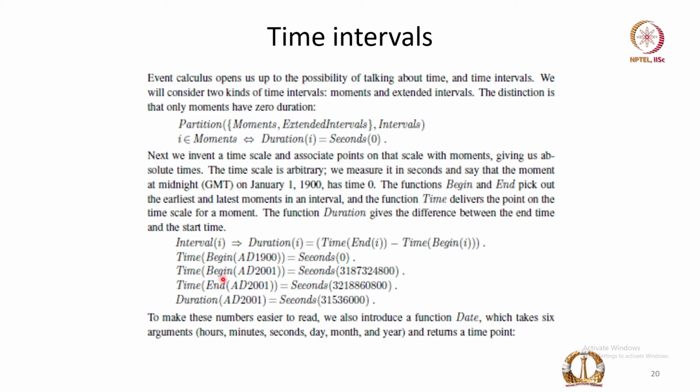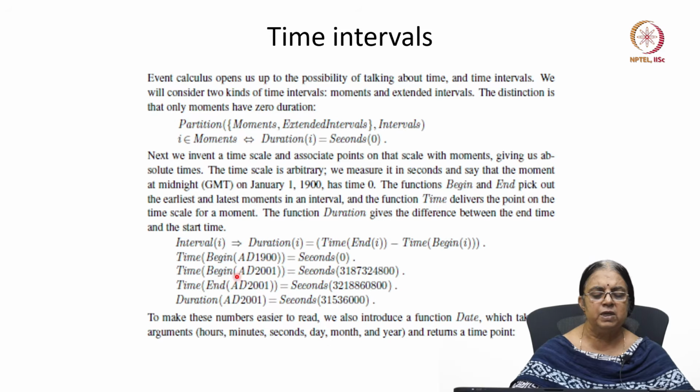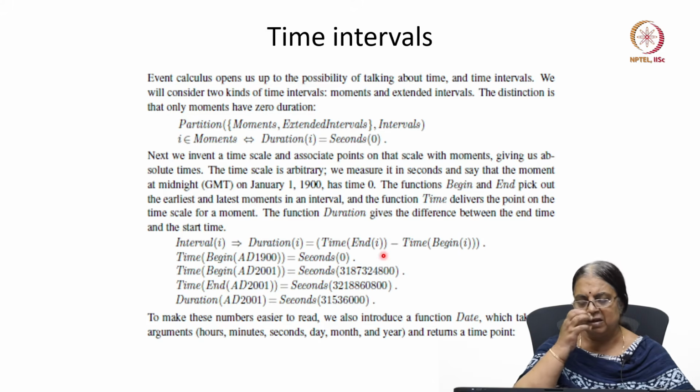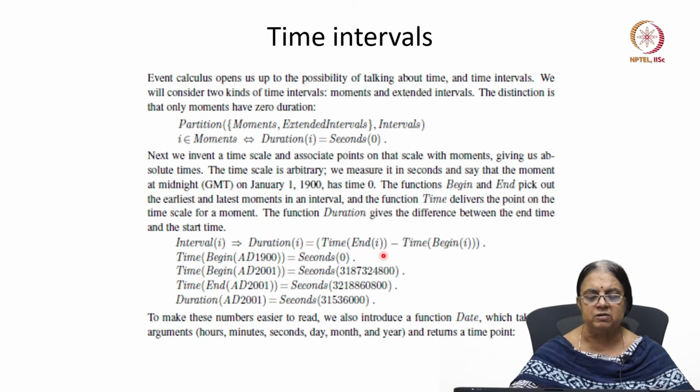But if you take time at the beginning of AD 2001, this will be the seconds. So you can convert everything to seconds and then compare them or have them relative to each other, etc. Or you can use a function called date which takes the actual date into account.